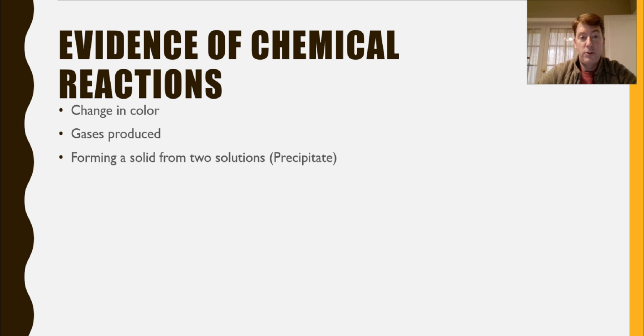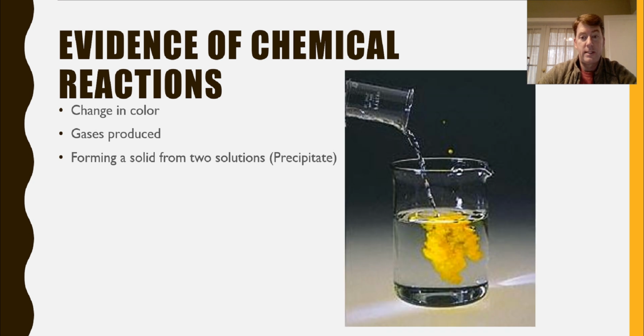But if we have two of those solutions that combine together, so here's an example of potassium iodide being added into lead 2 nitrate. And so both of those are in solution. Water has pulled apart those ions and they're floating around.